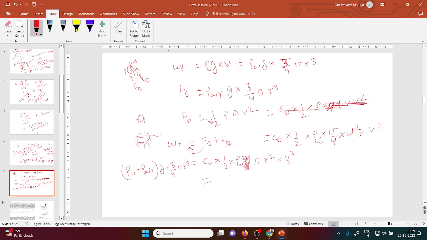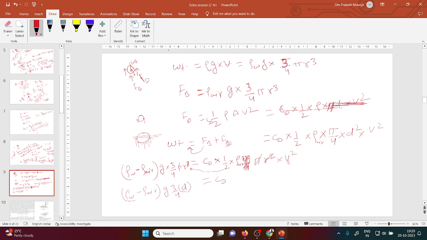So pi, pi cancel, r square, only one r is remaining here. And these two will come here. So 2r means diameter, rho water minus rho air into G 3 by 4, and these two come this side. So 2r, that is your D.